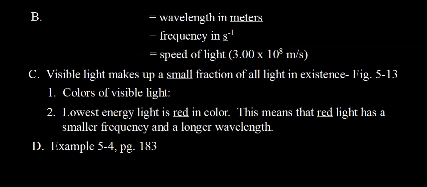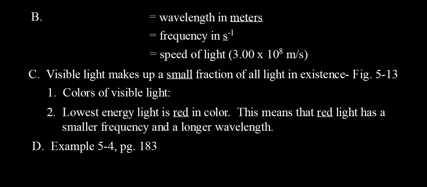Go ahead and open your books to page 182. There's a figure I want you to look at. Pause the video if you need to do this. In that figure at the top of the page is something called the electromagnetic spectrum. What this shows is the different types of electromagnetic radiation, or light. Sometimes they're just referred to as light.